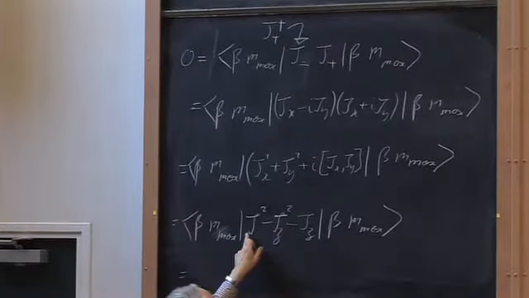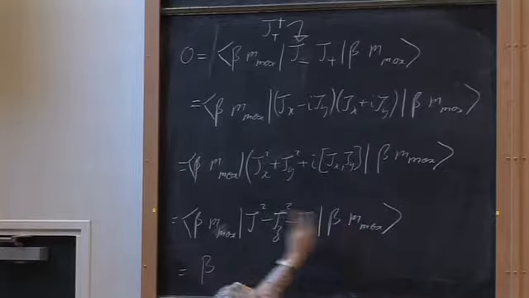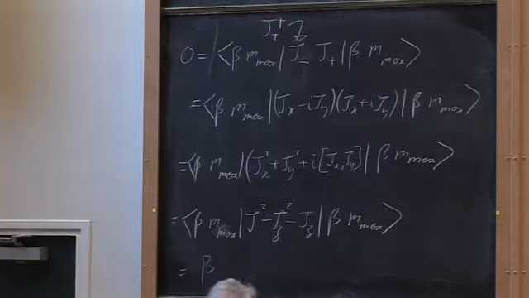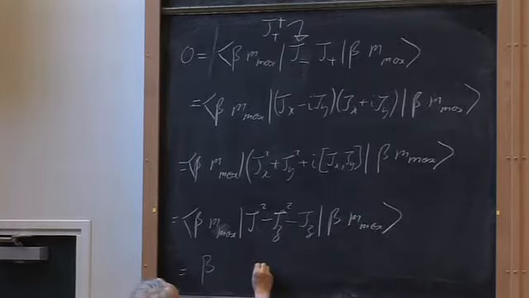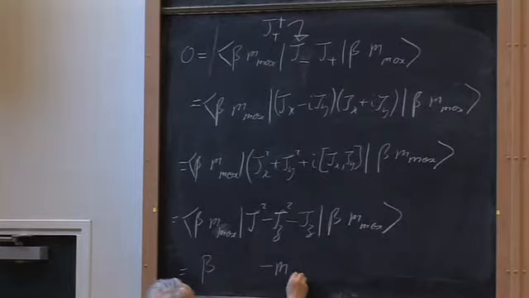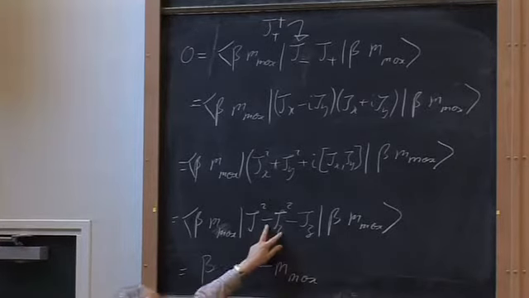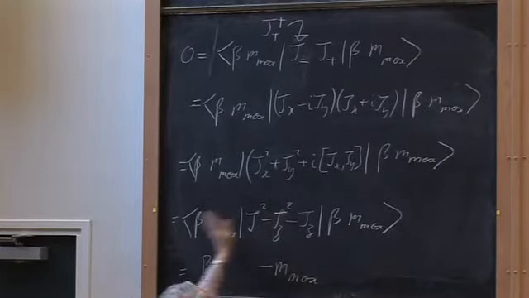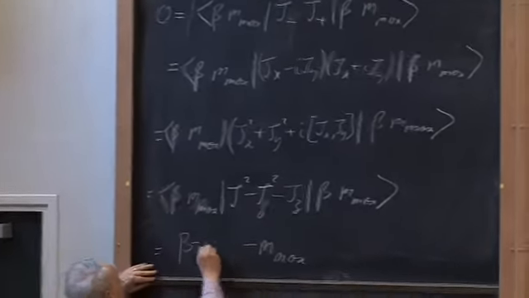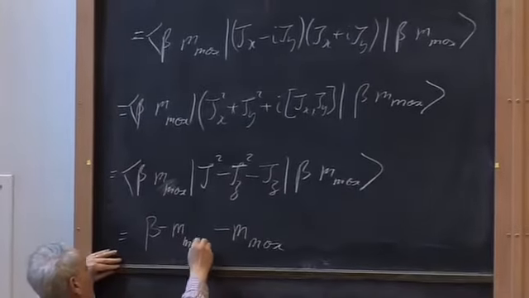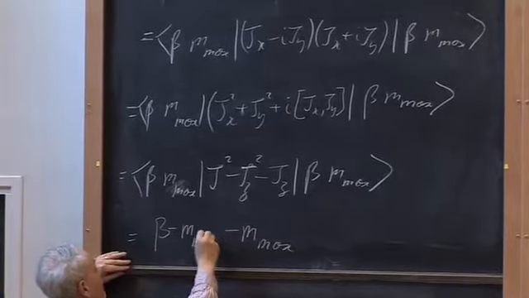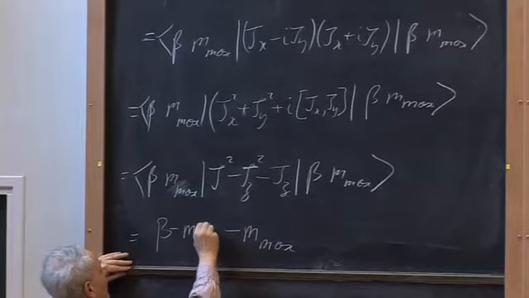This jz will produce an m max times this thing, which will then bang into this thing and produce a 1. So I have a minus m max. And this one is going to produce m max squared, also with a minus sign.